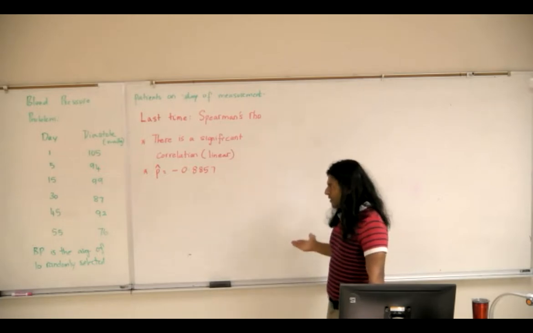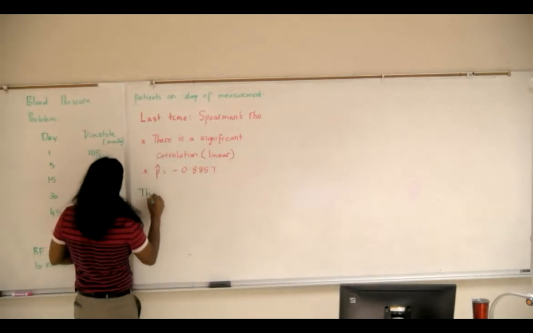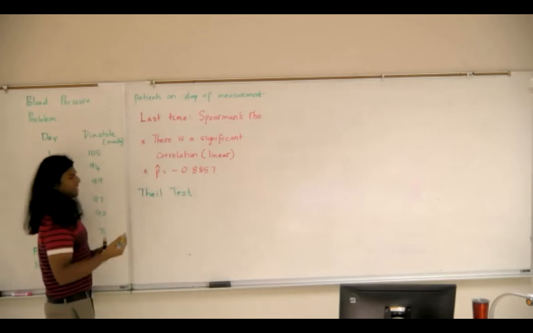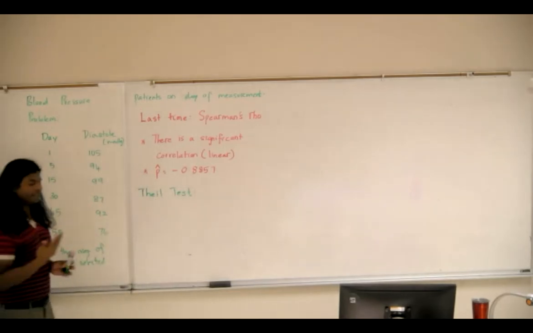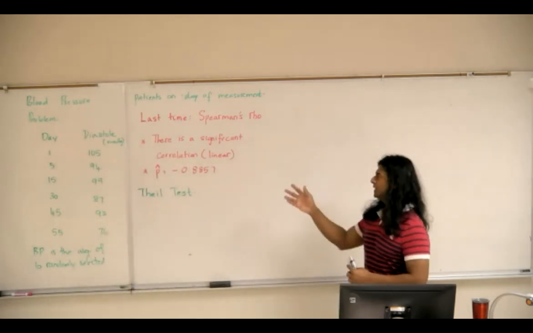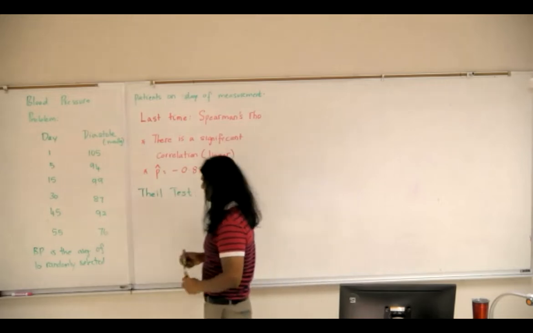Now we want to do the Theil test. What is the objective of Theil? Well, the Theil test is done for a different purpose, but closely related to the objective in the last problem.